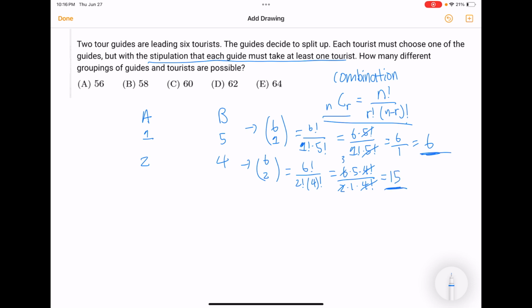And then so we would get 15 ways to arrange the tourists for that. And then we would end up with 3 and 3.